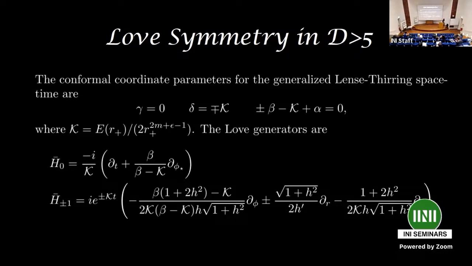And the love generators turn out to be these. This is very similar to Kerr. This is essentially the whole situation with Kerr. So for Lense-Thirring spacetimes, it seems now that the hidden conformal or the love symmetry behaves very similarly to the Kerr black hole when you get close enough, which may or may not be a surprise. But like I say, this is some stuff we're still working on here.